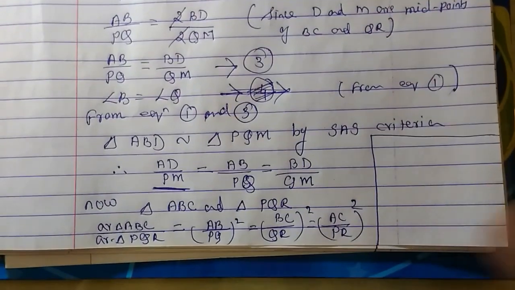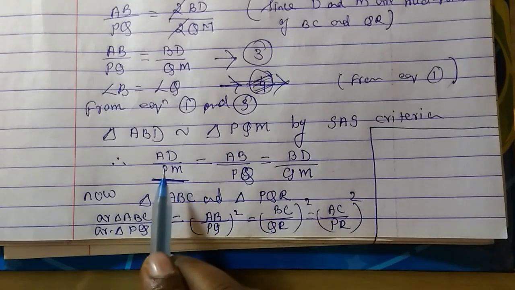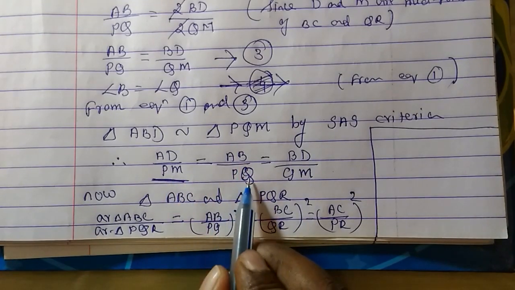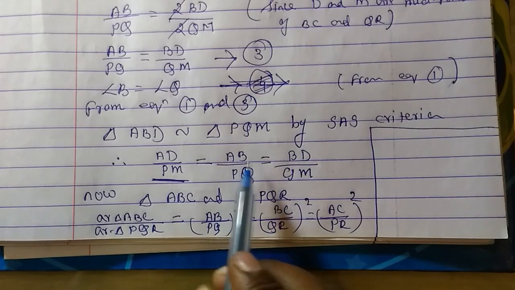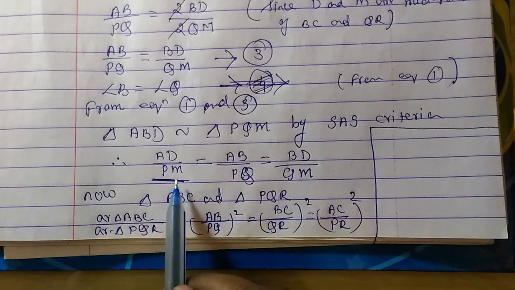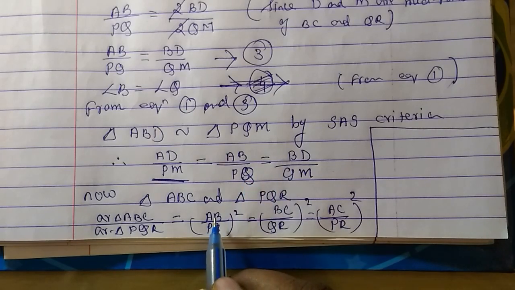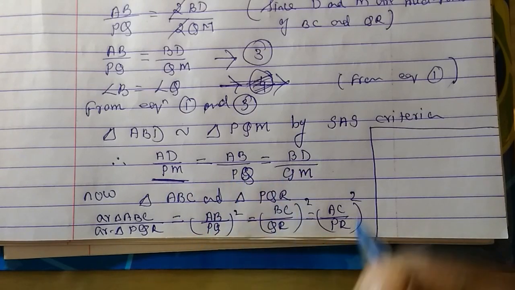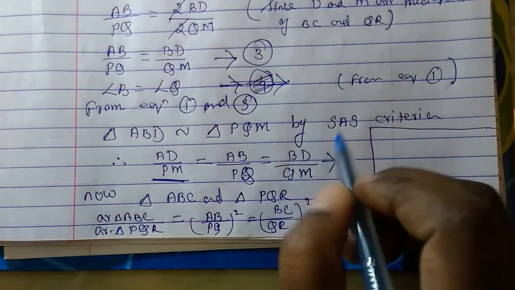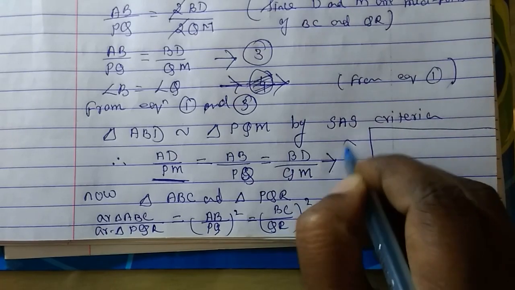So since AD upon PM is equal to AB upon PQ, can we write AD upon PM instead of AB upon PQ here? So this we can take as equation, already we have 3, so this we take as equation 4.